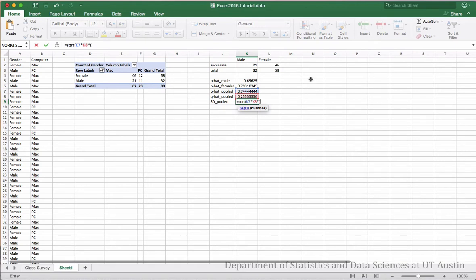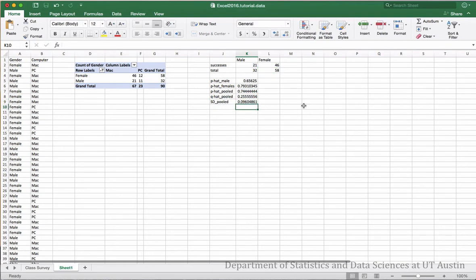So I'm going to take 1 divided by the number of total males, which was 32, plus 1 divided by the number of those who identified as female, 58. And be sure that all your parentheses align. So we have q-hat pooled and p-hat pooled. We have 1 over the total sample size of males plus 1 over the total sample size of females. And that will get us standard deviation pooled.